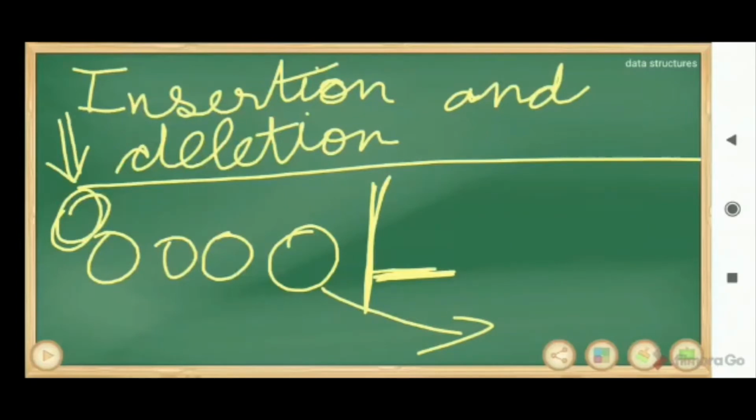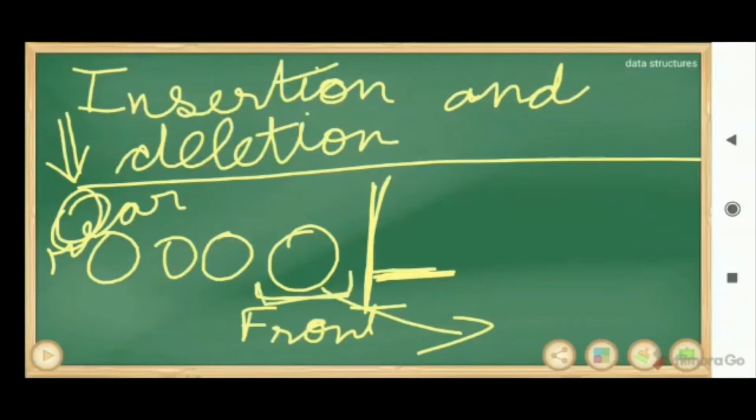So what is happening? This was the front of the queue, this was the rear of the queue. So here, once this person has received his ticket, he will move out, and the new person will be the part of this queue now.